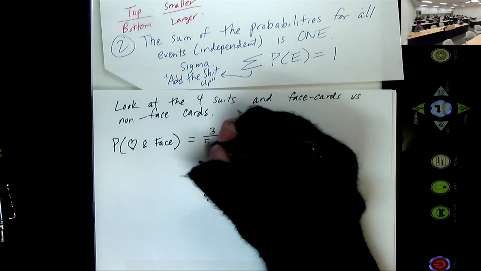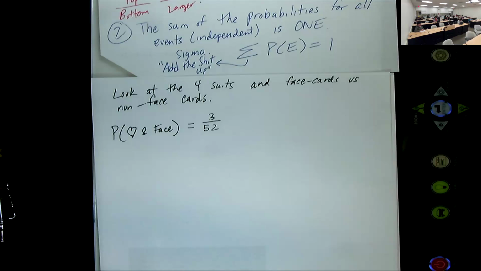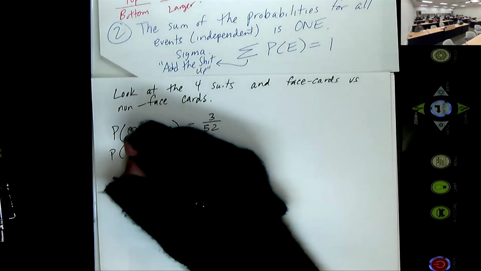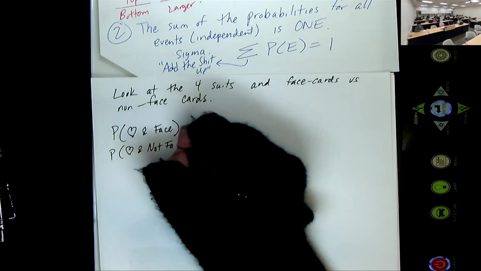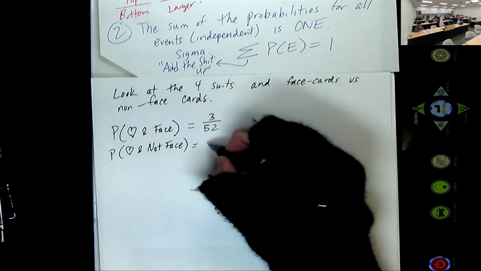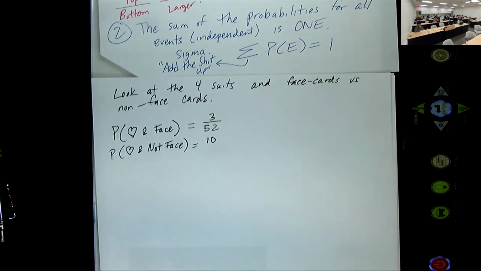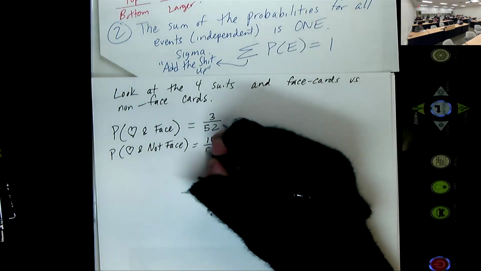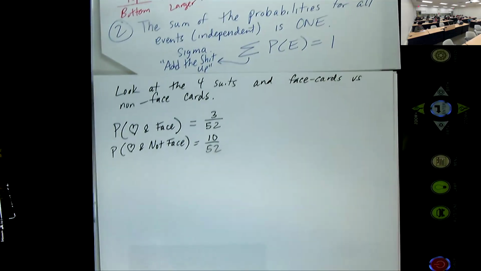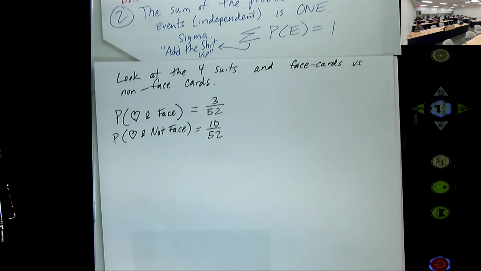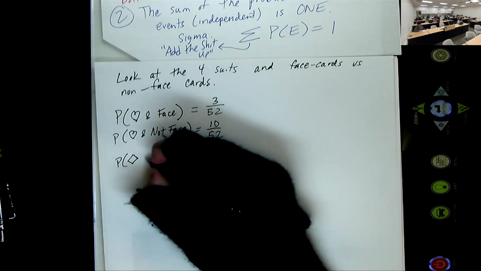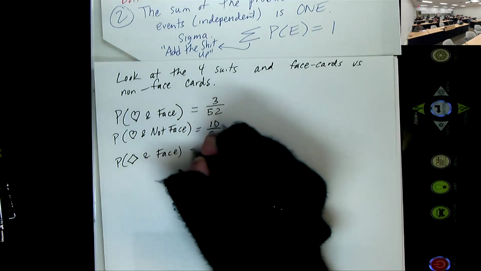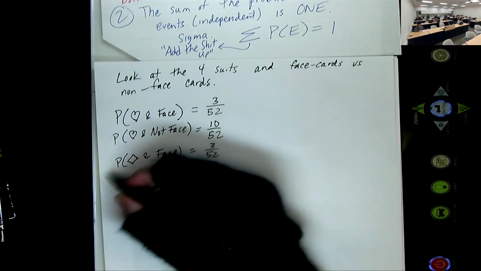There is 3 out of 52. The probability of a heart and not a face card: there are 10 cards, Ace through 10, out of 52. And this is actually the same for each suit, so I can put in each suit and get these same fractions. So I'm gonna do that.